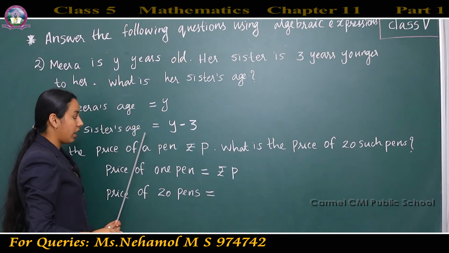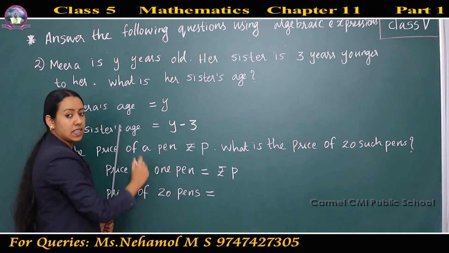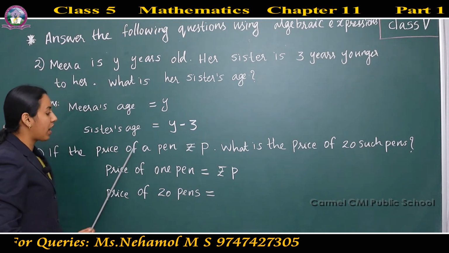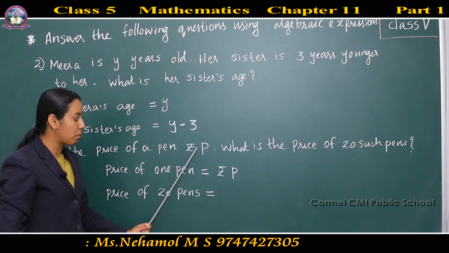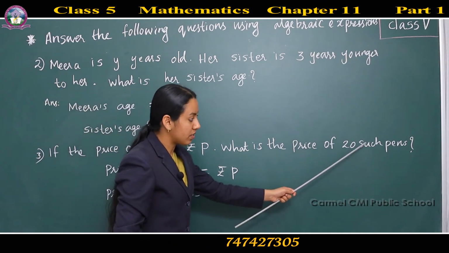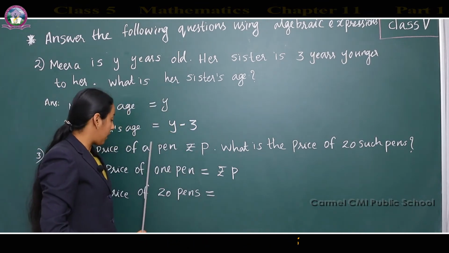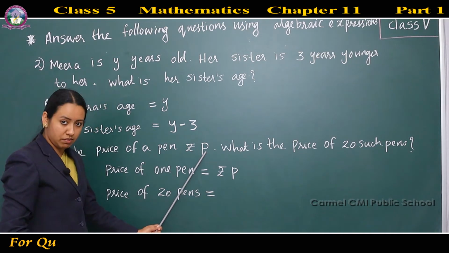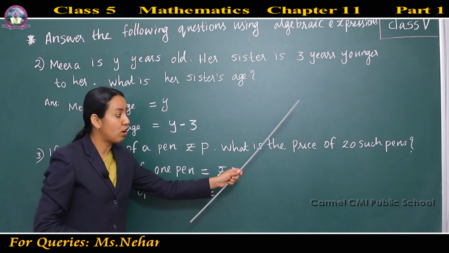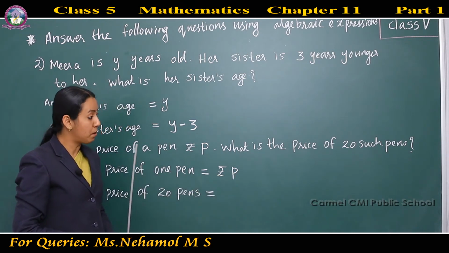So sister's age will be Y minus 3 years. Then next question. If the price of a pen is rupees P, what is the price of 20 such pens? Price of one pen is given, rupees P. We have to find the price of 20 such pens.